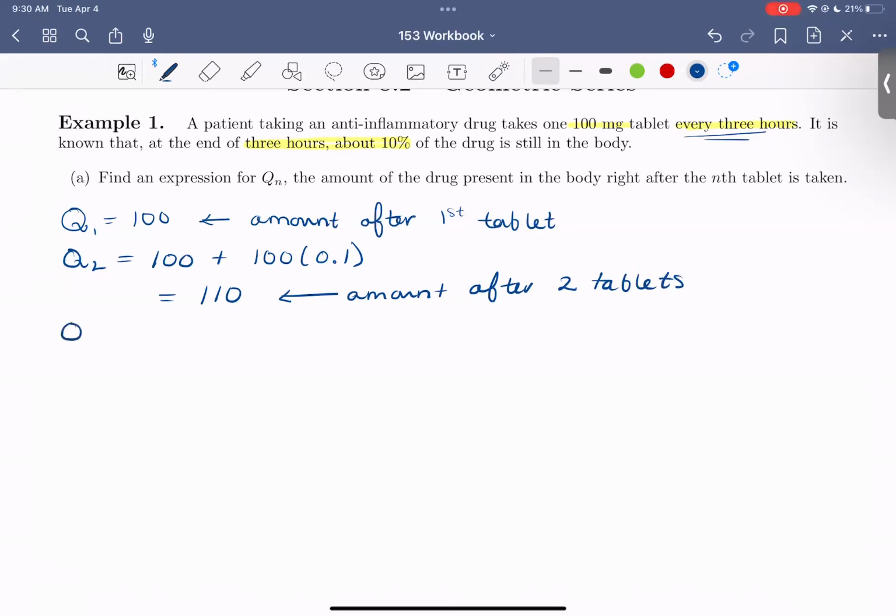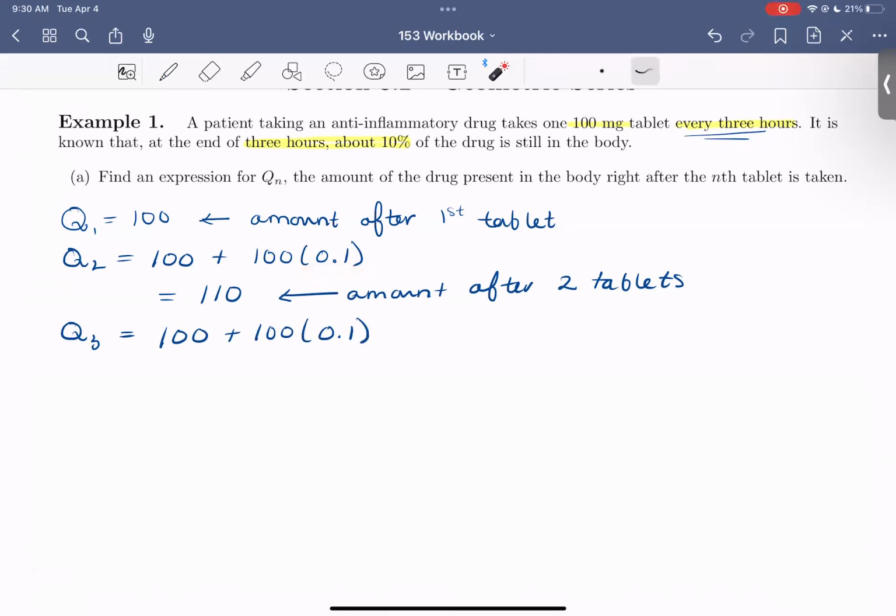All right, let's look at Q3. At Q3, we're taking the third tablet, so that means another 3 hours has passed. With that third tablet, we have that 100 milligrams now in our body. We have 10% of the second pill that we took up here. But then we're also going to have 10% of 10% of the first pill, because as each 3 hours moves, 10% of that tablet, or what's left of it, is in our bloodstream.